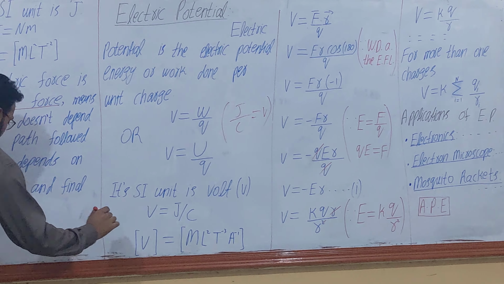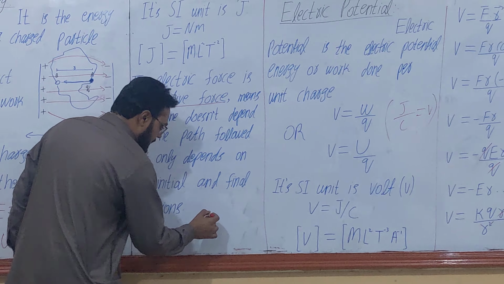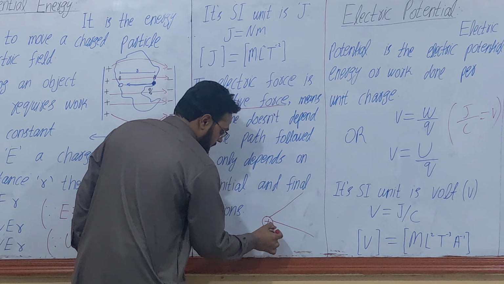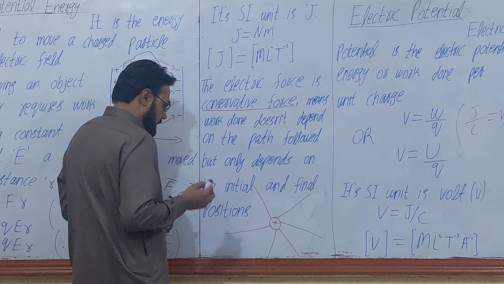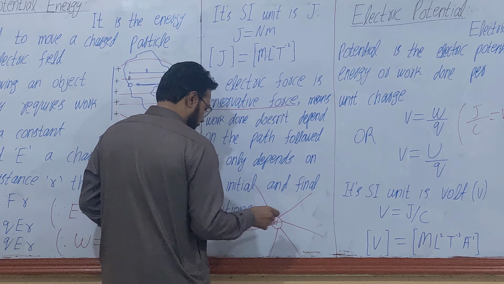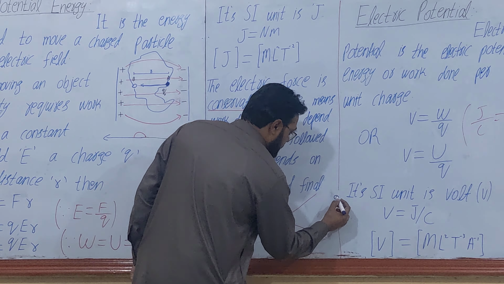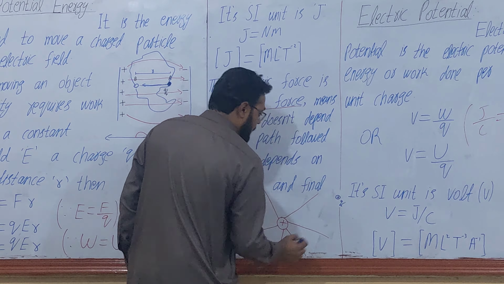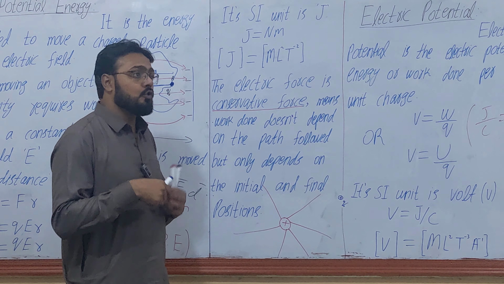Absolute potential energy means, for example, a positive charge. This positive charge has its range in this region. So a charge at this point is at infinity. Infinity means out of range.